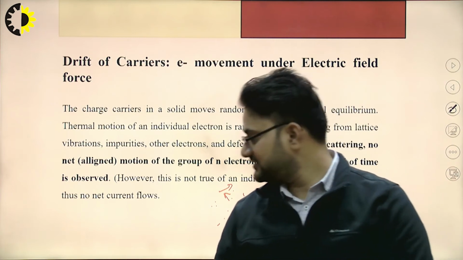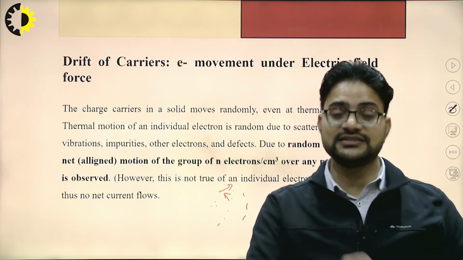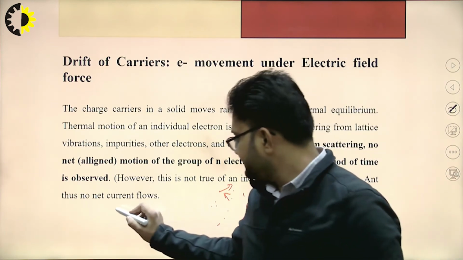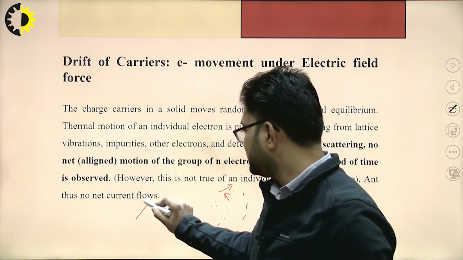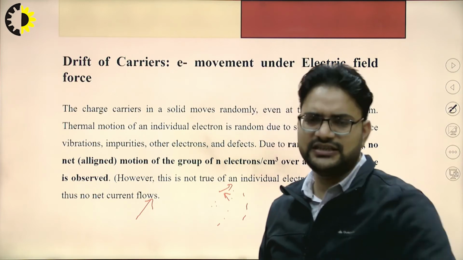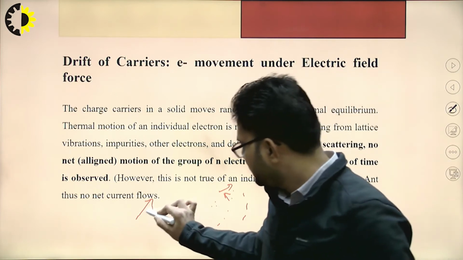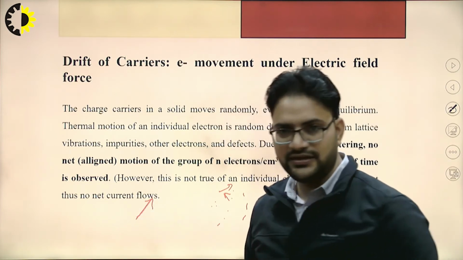Why is it so? Why am I making this statement? If you consider the first electron, say the jth electron, is moving in this direction, right?